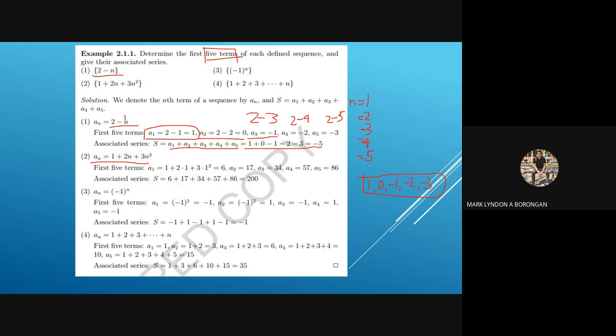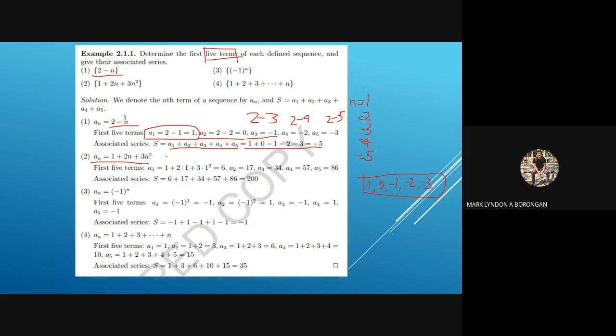Then for the first term, let's say a sub 1, we substitute 1 for n. The 2n becomes 2 times 1, and the 3n squared becomes 3 times 1 squared.